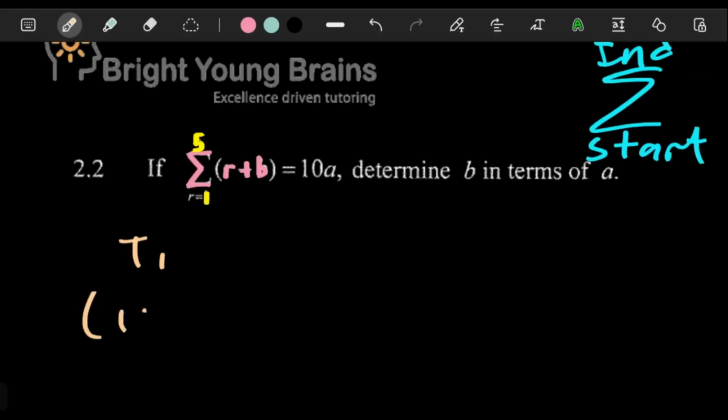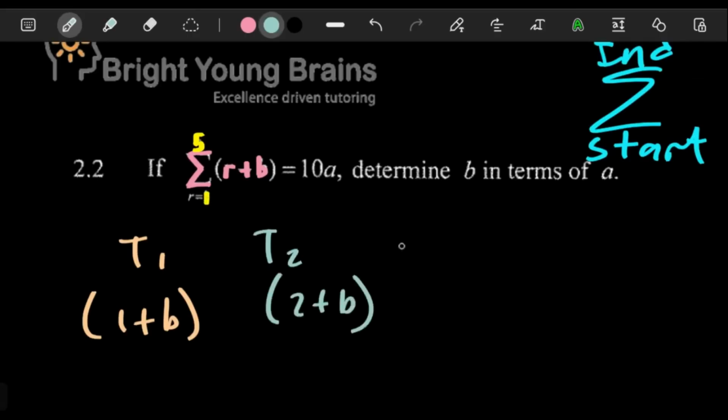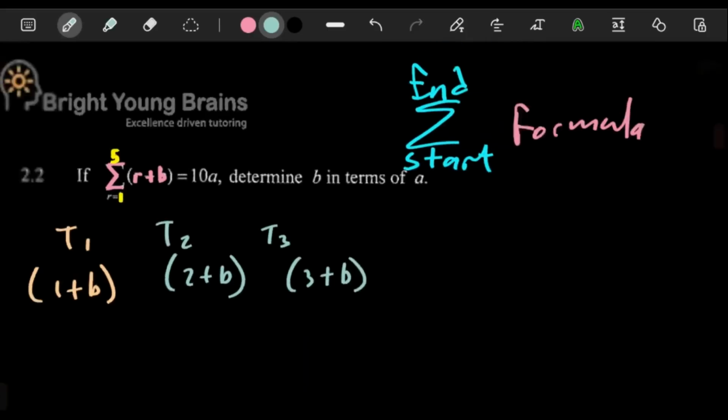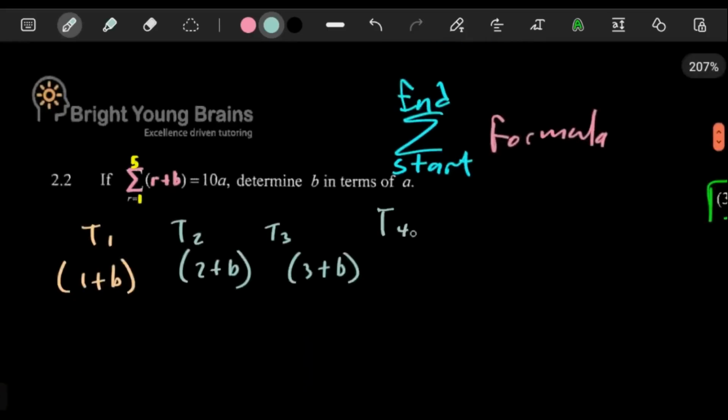So it's going to be 1 plus b technically. And then the second term, you have to throw 2 in there, so you're going to have 2 plus b. The third one, 3 plus b, going on and on. By the fourth one, you can already guess, 4 plus b. The fifth one, 5 plus b.